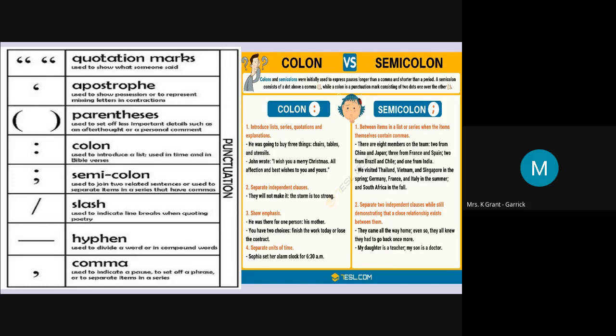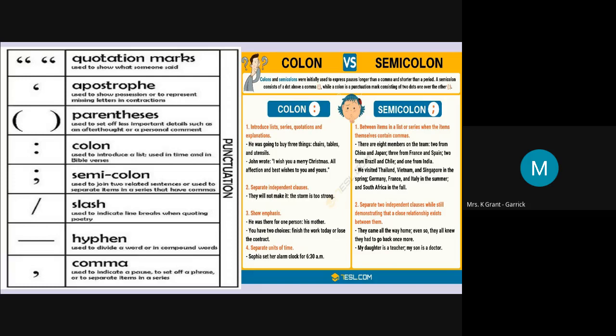We also use the semicolon to separate independent clauses while still demonstrating a close relationship between them. So notice the contrast here. When we use the colon for independent clauses, it must be showing two ideas that are opposite. But when we use the semicolon for independent clauses, it must be showing that the two ideas can work together.